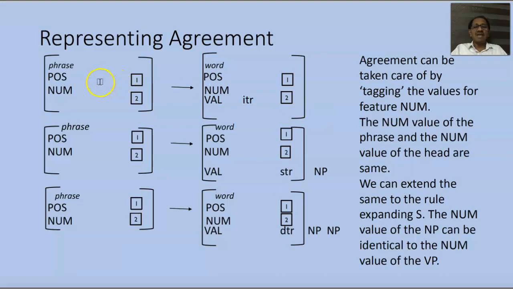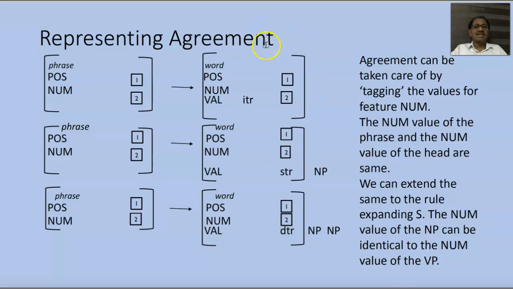So both of them will have a number value at the phrasal level, and if those two values are shared with S, then we have subject verb agreement at the sentence level. So we can extend the same to the rule expanding S. The number value of the NP can be identical to the number value of the VP. Can you see how simplified it is now?